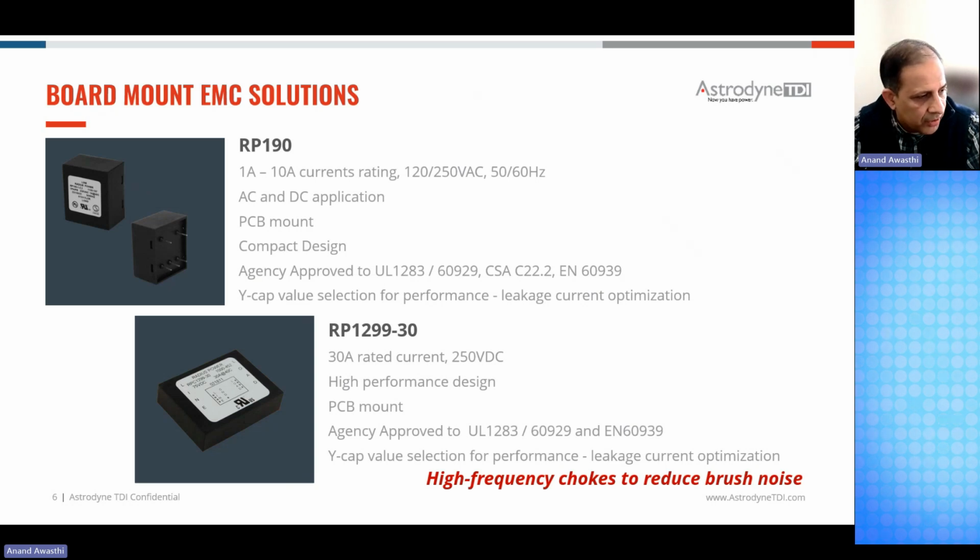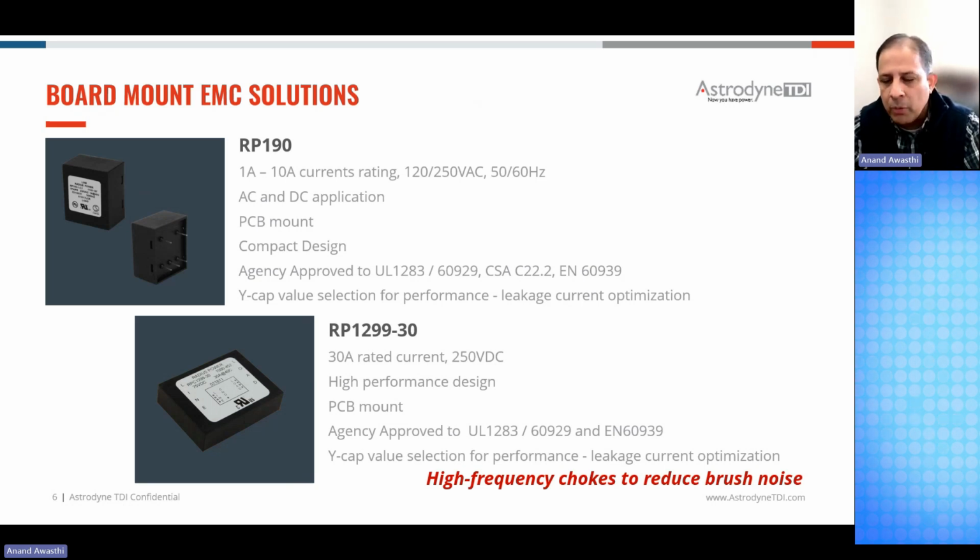Similarly, the RP1299-30 is a DC filter. Again, it's usable in AC applications, but because it is not rated for AC, and safety agencies typically get more concerned about AC applications, we suggest not using it in AC unless it's fully verified. This is rated for 75 volts DC. It has been upgraded to 250 volts DC under a separate model number.